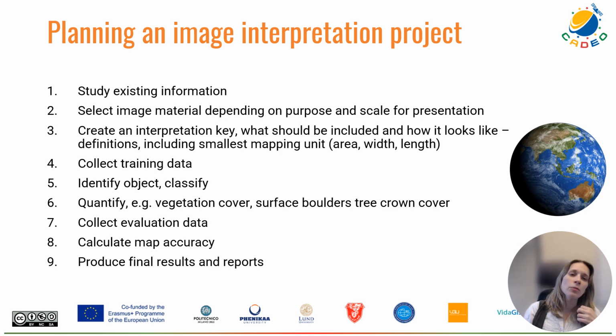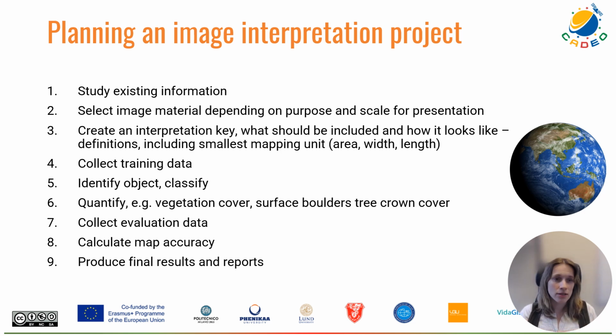So if you are planning an image interpretation project, for example, if you're planning to classify land cover using visual image interpretation and not an automatic approach, there are some steps that you should take depending on the exact project, but generally we think it's very important to study the existing information.